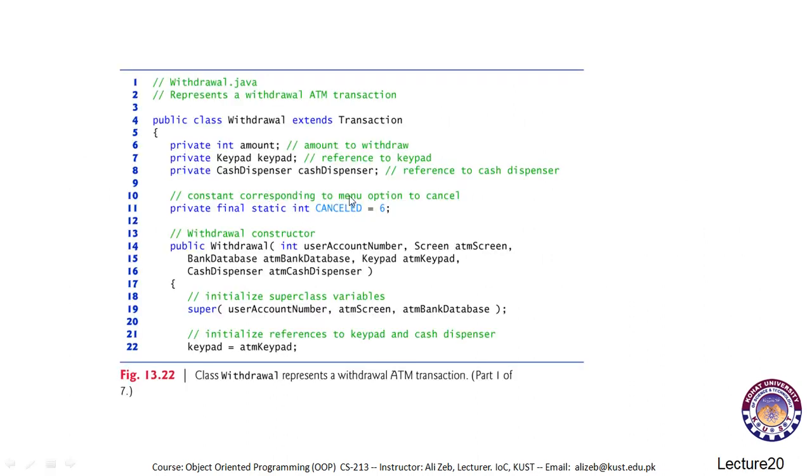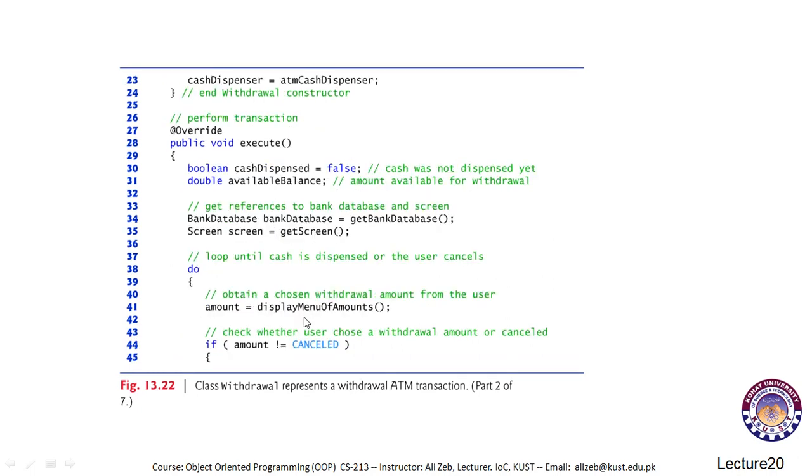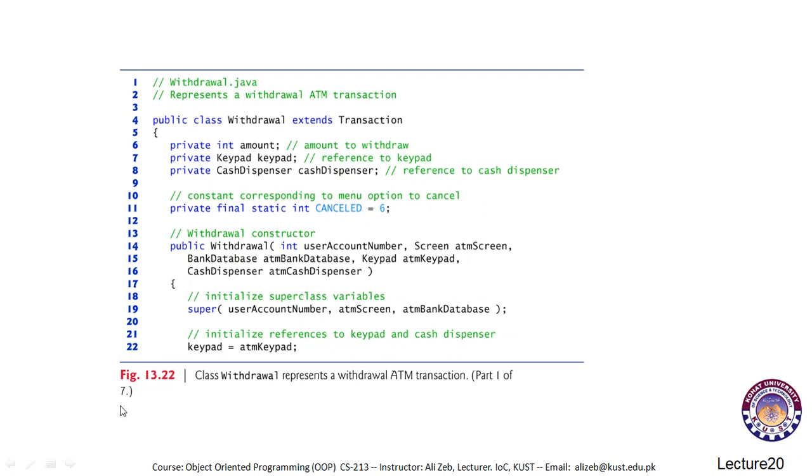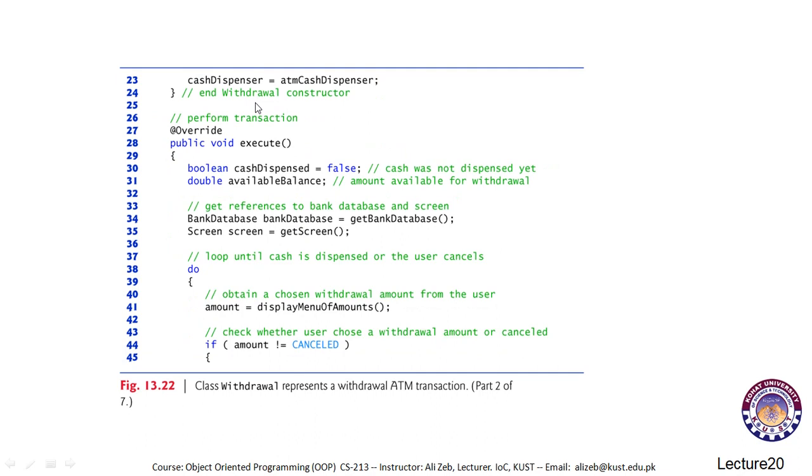As we can see, we have the objects of these other classes within the Withdrawal class, and the rest of the details we can initialize through the superclass, and some of the variables, the ATM keypad and the cash dispenser, are initialized in the ATM.